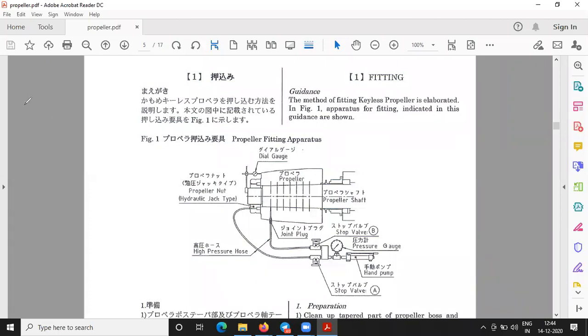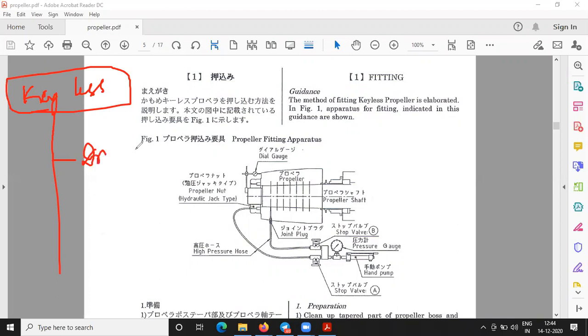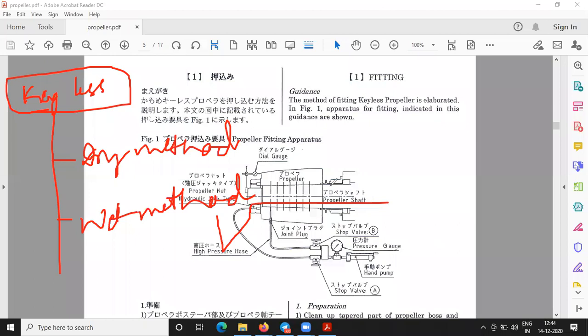To be specific, now we are talking about a keyless propeller. We don't have a key in this propeller and the boss, so this is a keyless propeller. In the keyless propeller, we can use the dry method as well as the wet method. The wet method involves two things: dry plus wet.